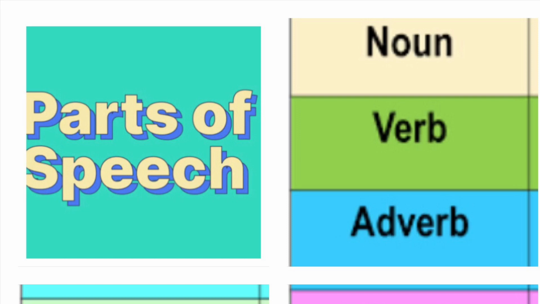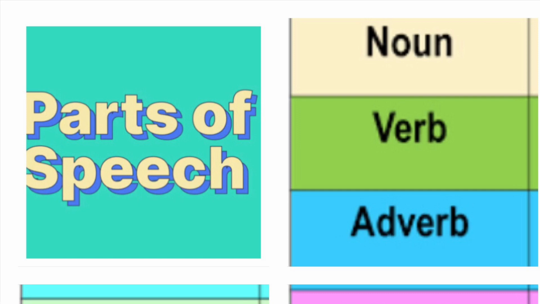See, to speak in the English language or to write, we should know the basics of what we are using in speech. We call them the parts of speech. In the parts of speech, the first and foremost is the noun, which we have already dealt with.